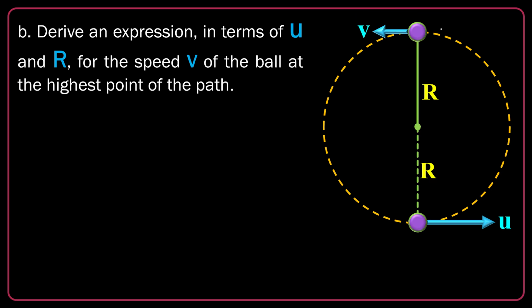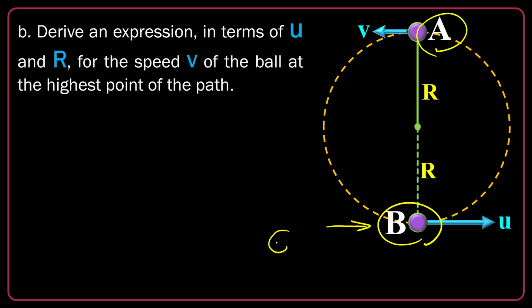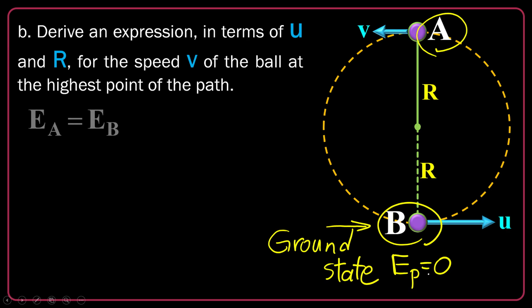We can use conservation of mechanical energy because we ignore any frictional forces. So let's say this is point A and this is point B. And more than that, let's say point B has the minimum height the object can get, the ground state. So the gravitational potential energy is going to be 0 here, at point B.